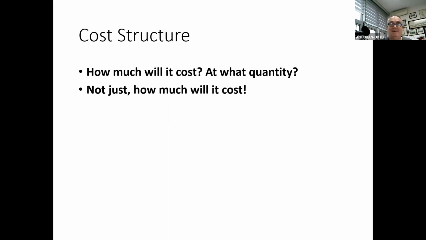Okay, but still, it's not just about what the cost is going to be per unit that you are producing. There are many other things that you need to consider with regard to the costs and the cost structure as well. For example, is your business model mainly cost driven? That is one thing you have to keep in mind.